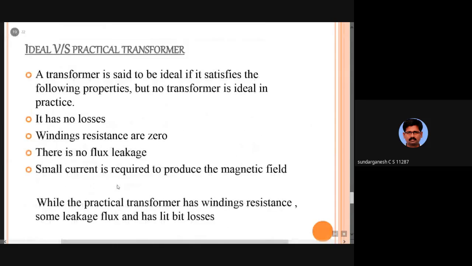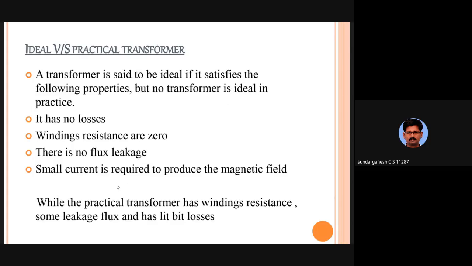A transformer is said to be ideal if it satisfies the following properties. But no transformer is ideal in practice, since every coil has some resistance and so has some losses. In the ideal transformer, we assume that it has no losses, there is no flux leakage, the winding resistances are zero, and only a small current is required to produce the magnetic field.